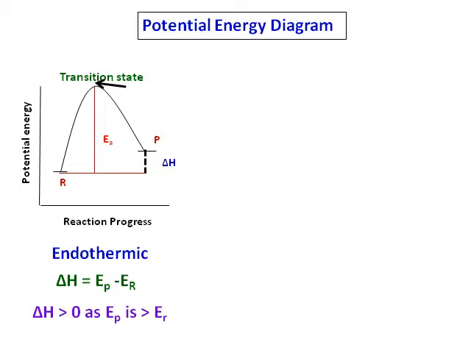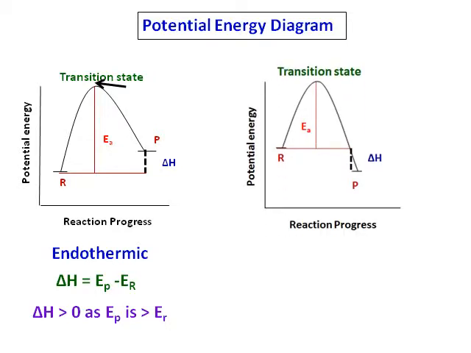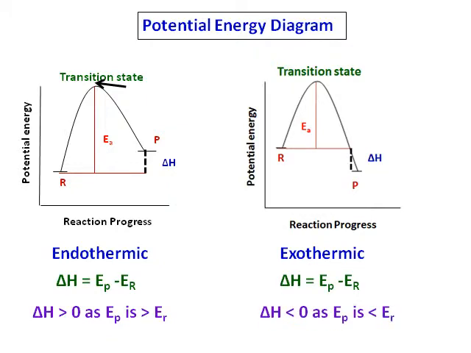Now similarly, we have a potential energy diagram for an exothermic reaction. So if you look at it carefully, here also it has to cross through a hill or a minimum energy called the activation energy before it reaches the product.